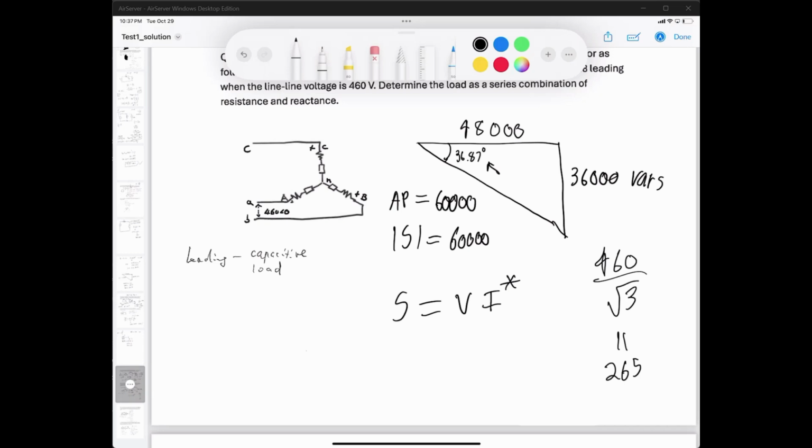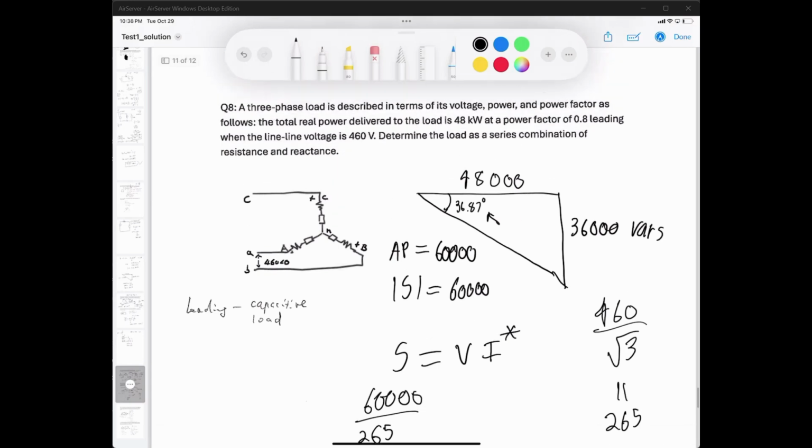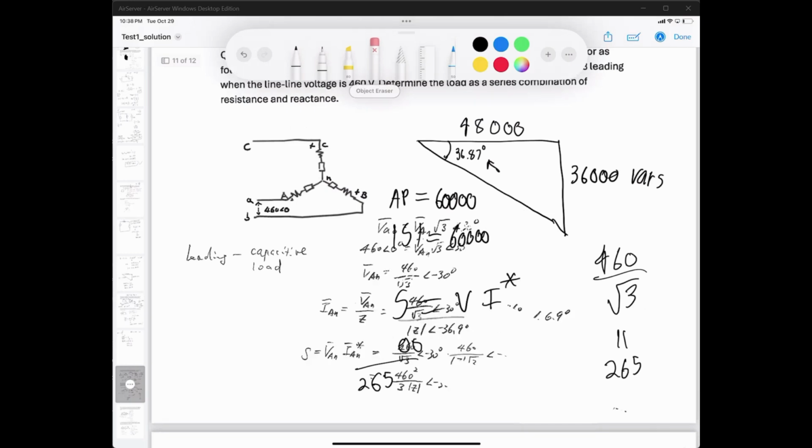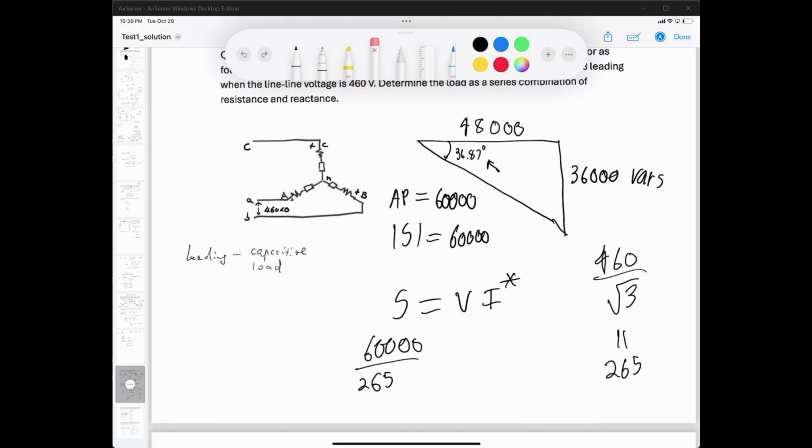So what's the apparent power? 60,000 divided by 265, right? Don't forget to divide this by 3, because this is the apparent power across each load.